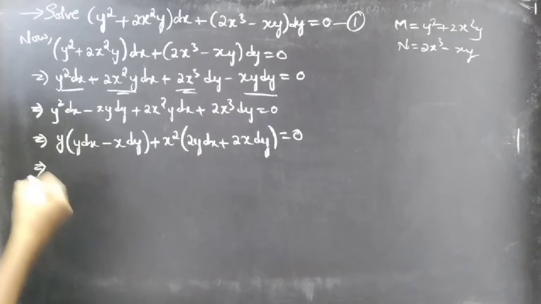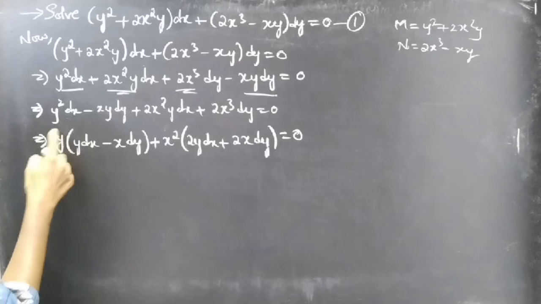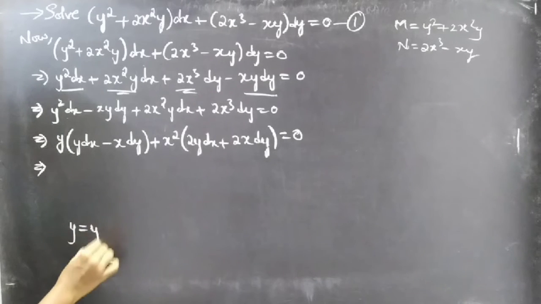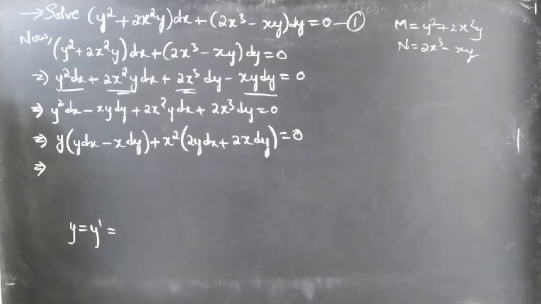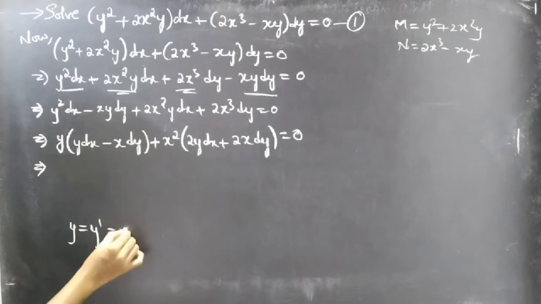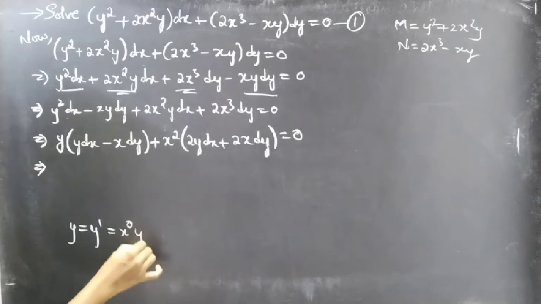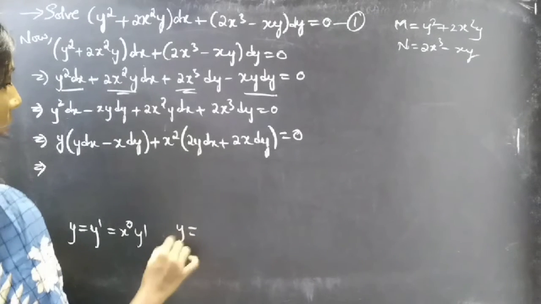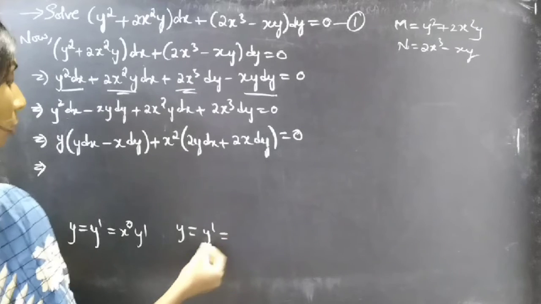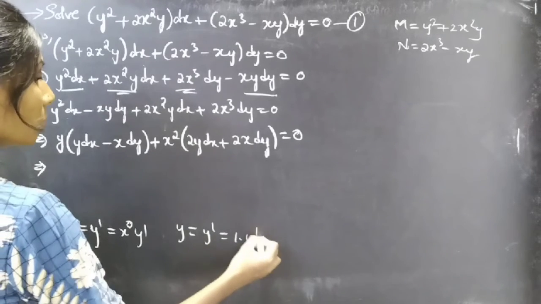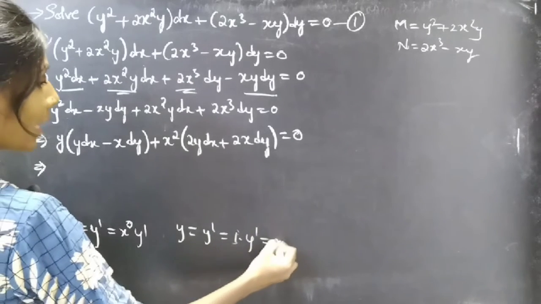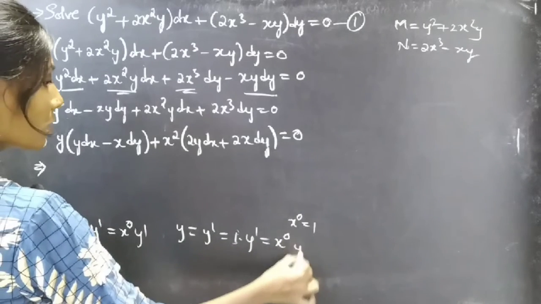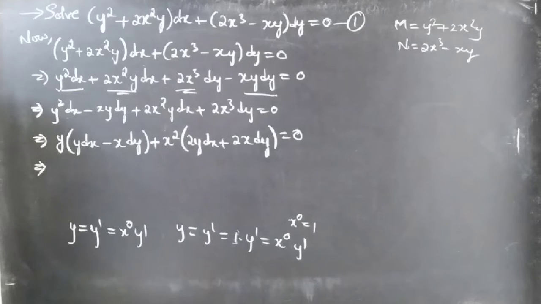Or we can write this equation as follows. Here we have y, and we can write y as y to the power 1, and here we don't have any x terms, so we can write x to the power 0 into y, since x to the power 0 equals 1.